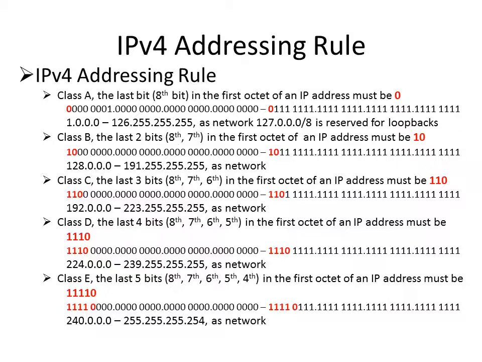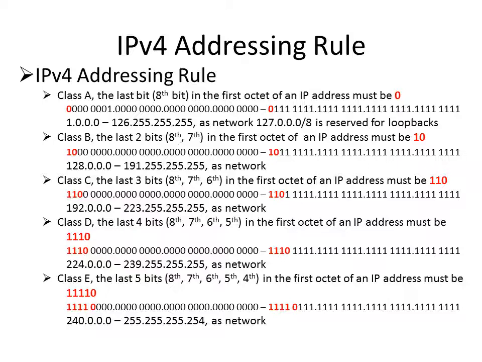So 1 plus 2 is 3. 3 plus 4 is 7. 7 plus 8 is 15. 15 plus 16 is 31. 31 plus 32 is 63. 63 plus 64 is 127.